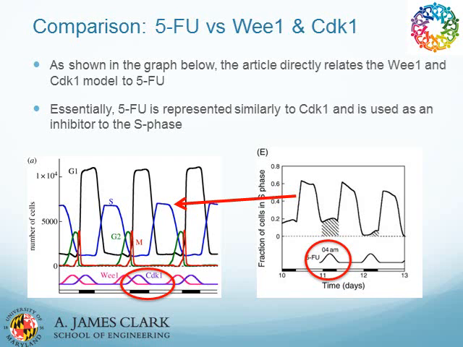And then something else to note is that the CDK1, shown below, during the light and dark transitions, directly mirrors 5FU. So essentially what the authors did is that they represented 5FU similar to CDK1, but instead use CDK1, in this case 5FU, as an inhibitor to the S phase.